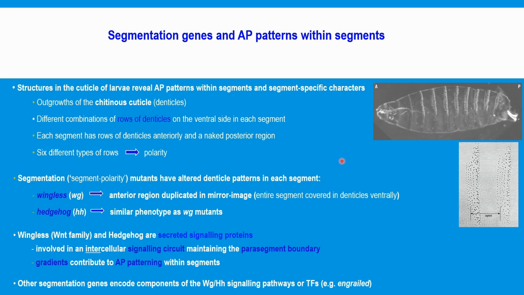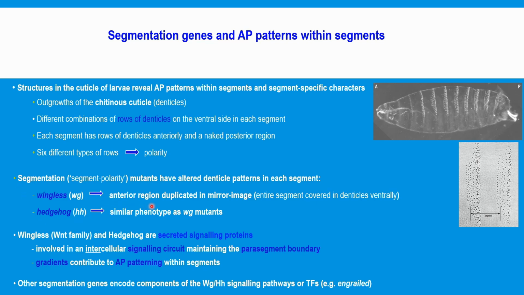And then screening for genes that were important for this, they found that segment polarity or segmentation mutants have altered denticle patterns in each segment, and 2 of the genes that were important for this were wingless, the Wnt pathway, and hedgehog, similar to sonic hedgehog.